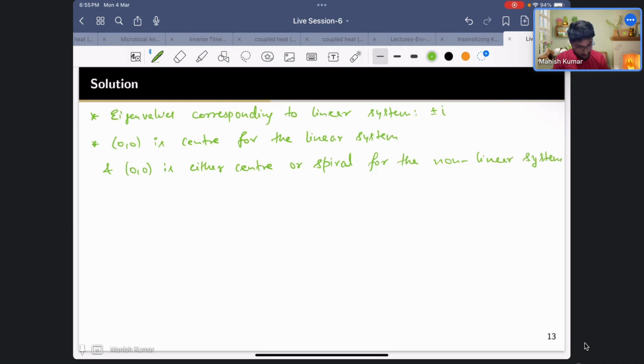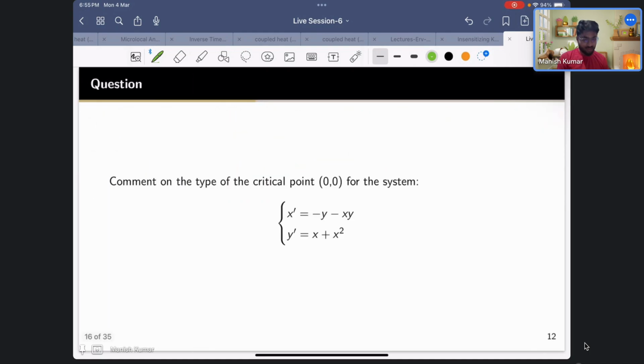Okay, so now using the same argument as in the last case, if we do x x prime plus y y prime, you see this will cancel with this and this will cancel with this, right? Here you will get x square y with minus sign, here you will get plus x square y. So what you got is 0, and this means that d/dt of x square plus y square is 0.